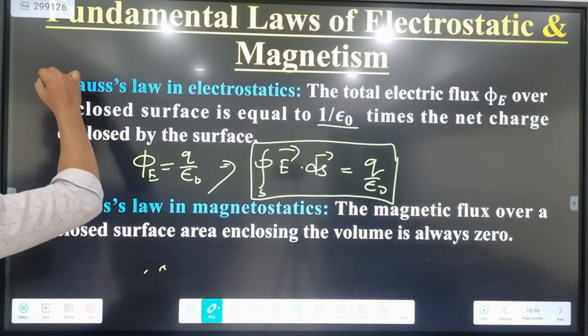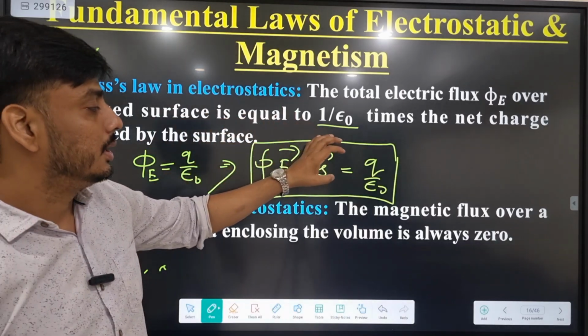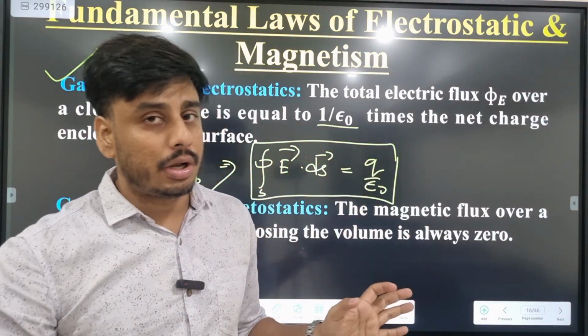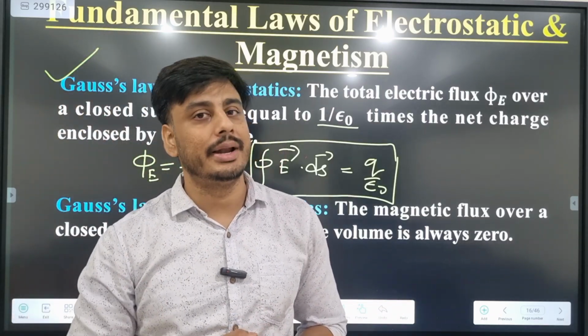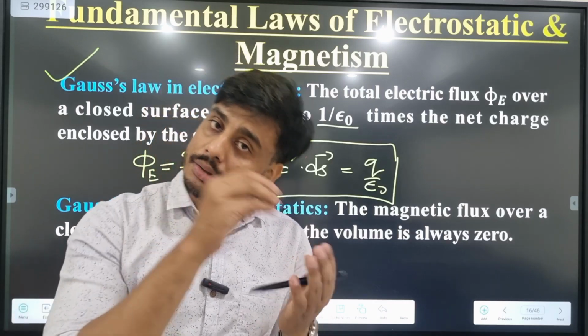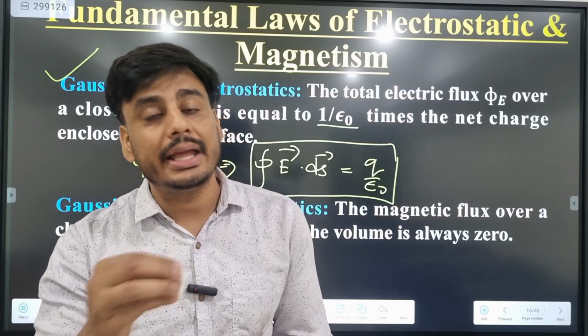This is the first law we have discussed. It states that net electric flux is equal to Q by epsilon naught. Always remember, for any type of flux, whether electric flux or magnetic flux, the mathematical formula is the dot product of the given field, whether electric field or magnetic field, and the area vector.